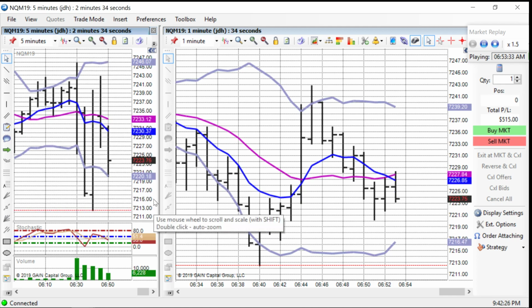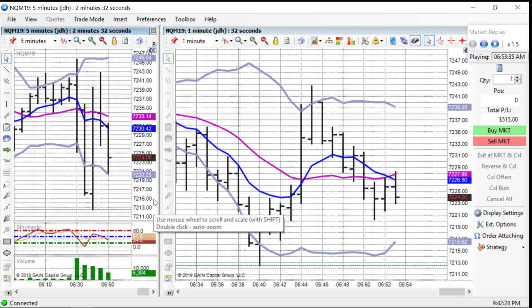These are just the thoughts that are going through my head as I'm watching this market. See this bottom Bollinger Band on the 1-minute chart? It's angling upward.